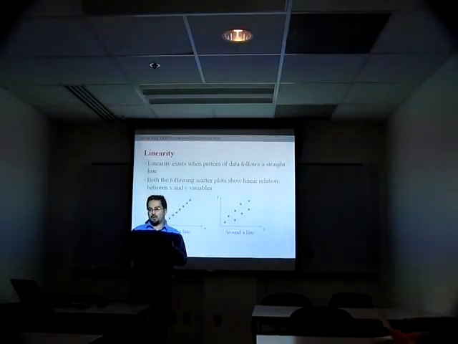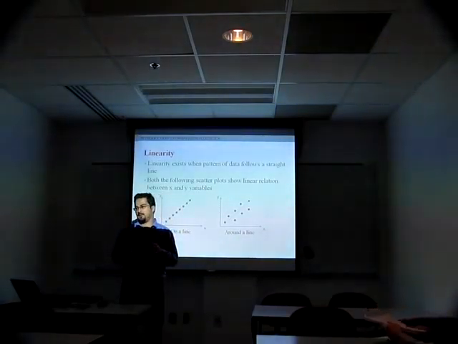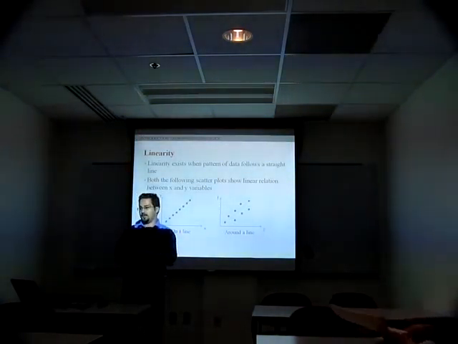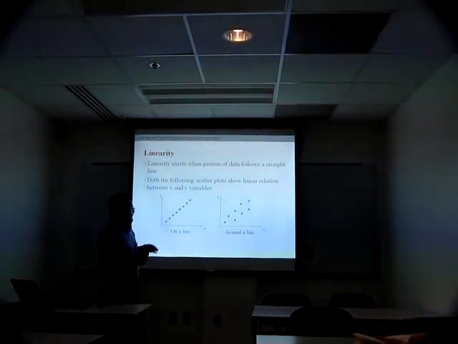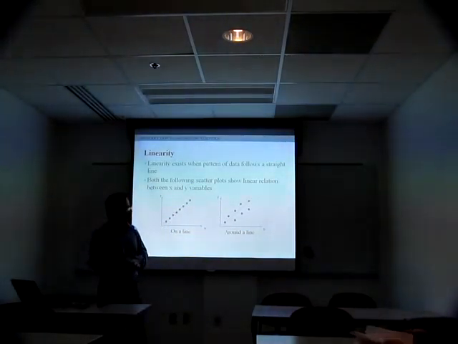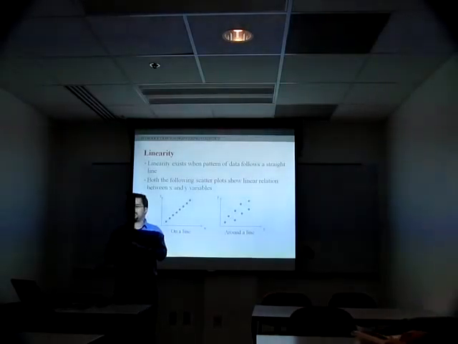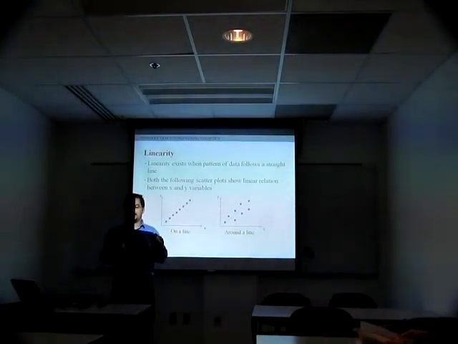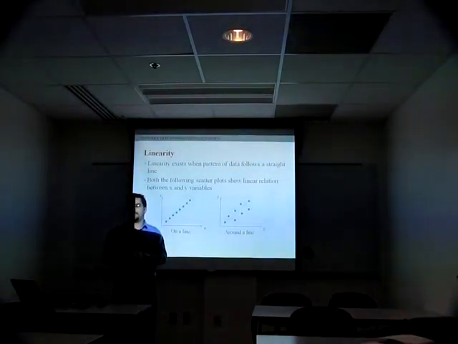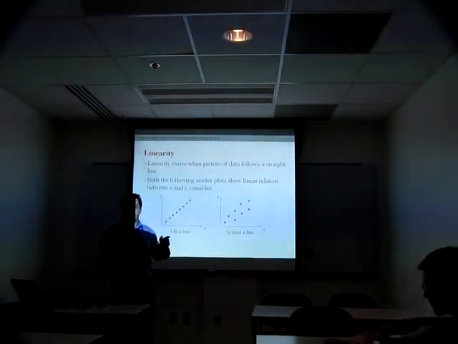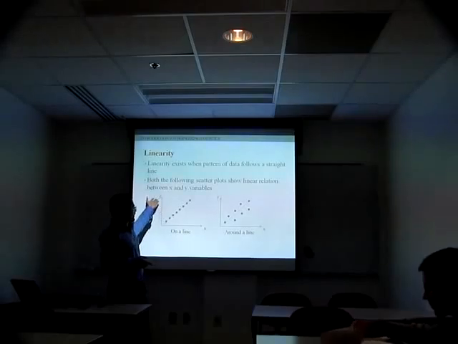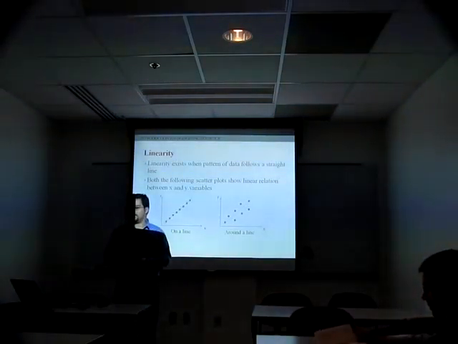So the more the data follows a straight line, the more they are related to each other. For example, in these two pictures, on the left-hand side, the data all are positioned on a line. So they completely follow a line. So I could say in this picture, these two variables, x and y, are completely correlated to each other.